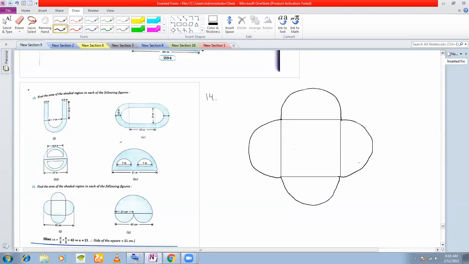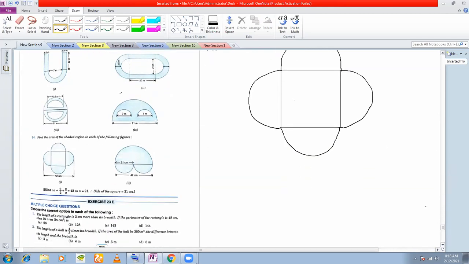This is how your figure looks like, number 14. And the only measurement that is given here is from this extreme point of the two circles they have taken. They have given you this length to be 42 centimeters.